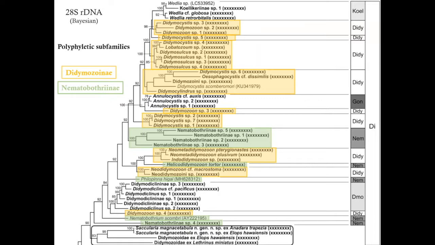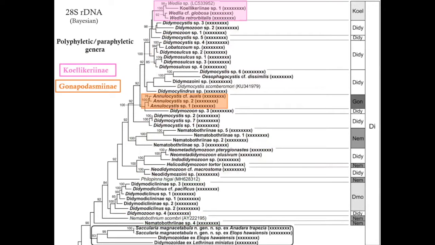These are the 2 most speciose subfamilies of the Didymozoidae, so Didymozoinae and Hemibothrinae. They go all over the place. And what is worse, the genera are also paraphyletic and polyphyletic. So it's a bit of a complete mess. Same for these ones.